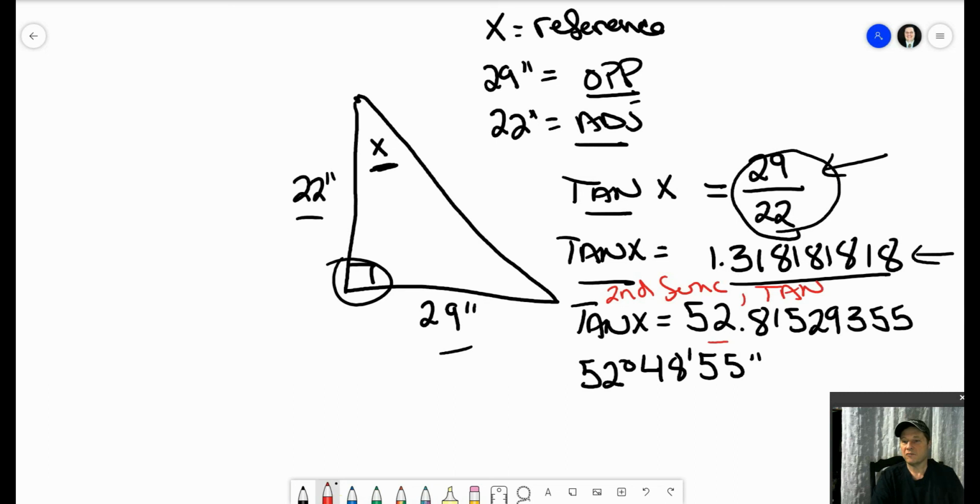And that will give me this decimal degrees. And if I subtract the 52 and write it down here and multiply the decimal by 60, I get 48 minutes. Write it down, then subtract it off your calculator, and whatever decimal is left there, multiply that by 60, and that'll give you the seconds. So that is the degrees, minutes, and seconds of angle X.